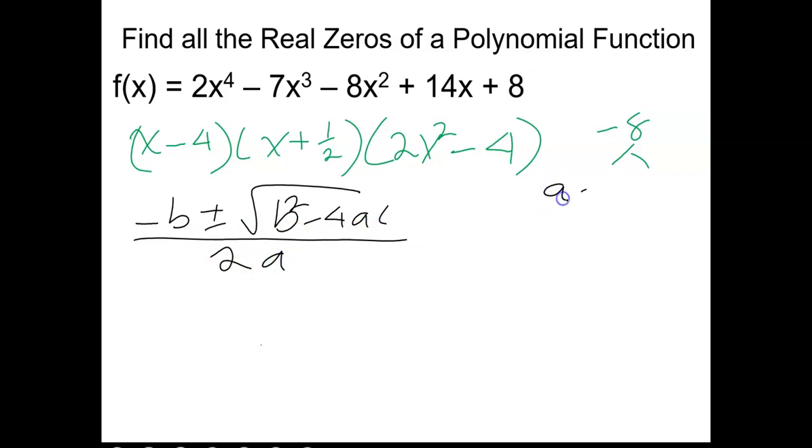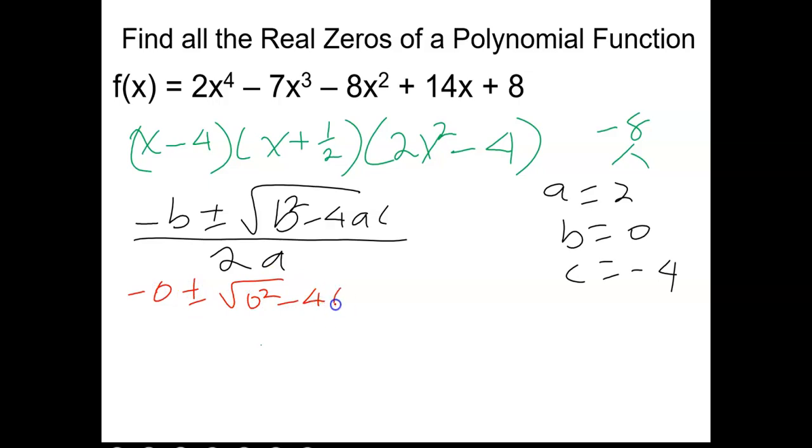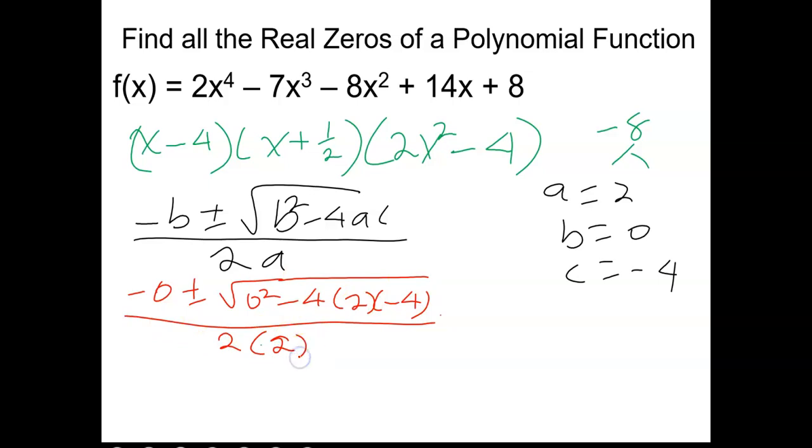And we know our a is 2, our b is 0, our c is negative 4.